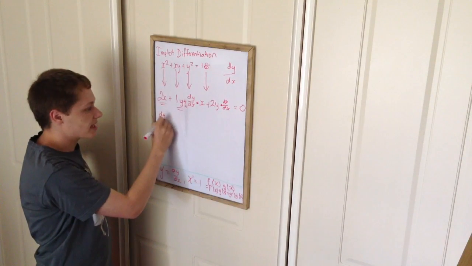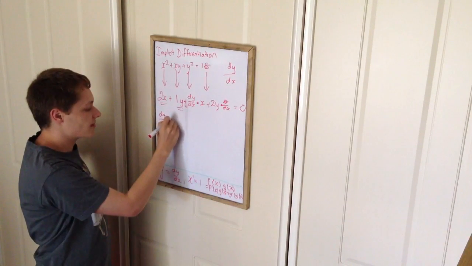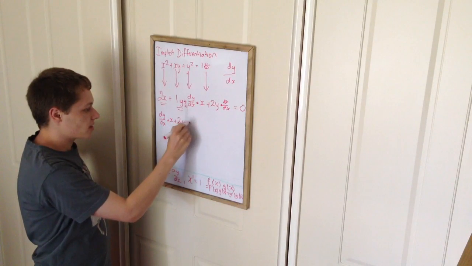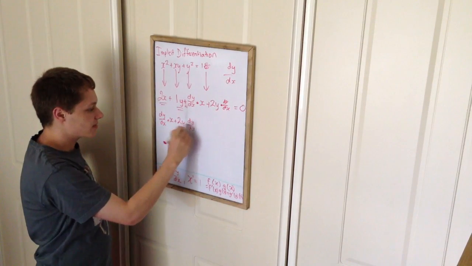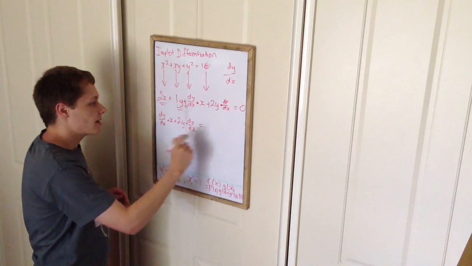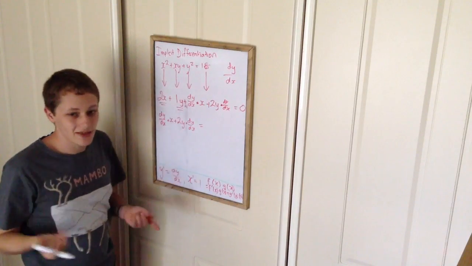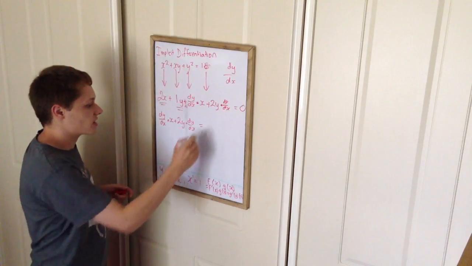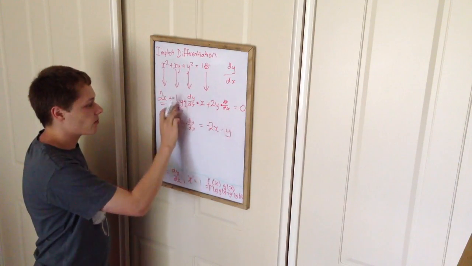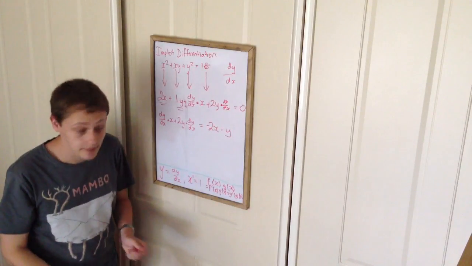Now we get dy over dx times x plus 2y times dy over dx. Again, we're just leaving them on the left hand side, so they remain unchanged. But then we're moving our non-dy over dx terms to the right hand side, so we need to inverse their operation. And again, 1y just simplifies down to y.